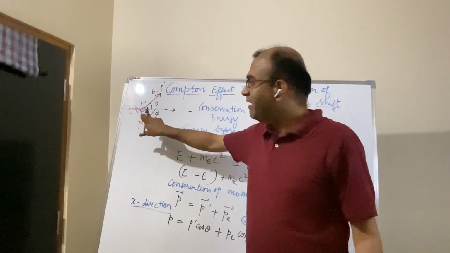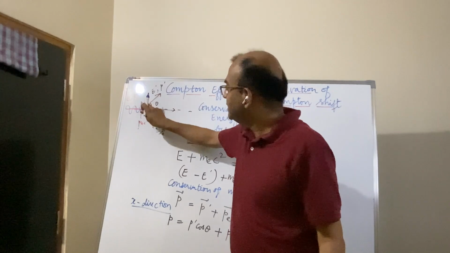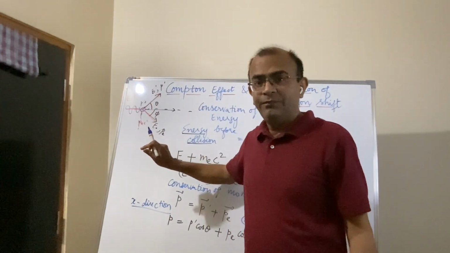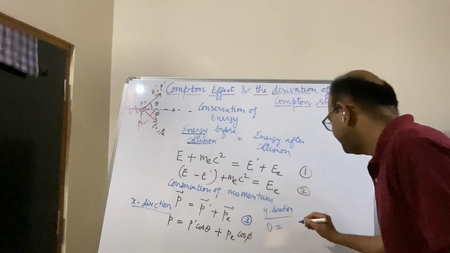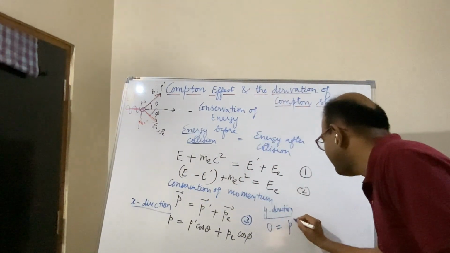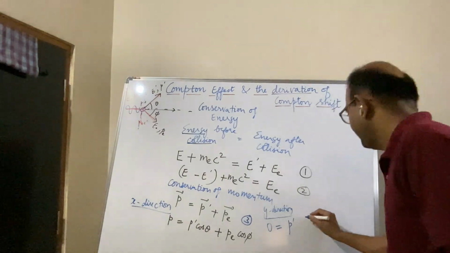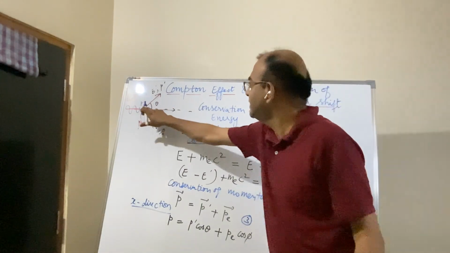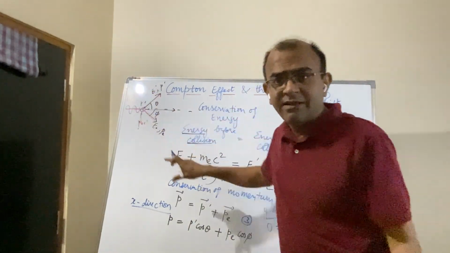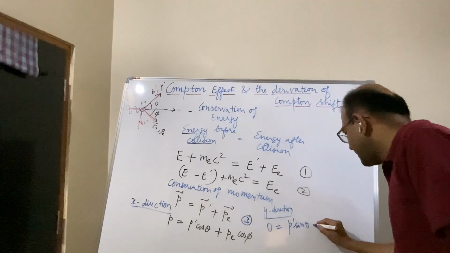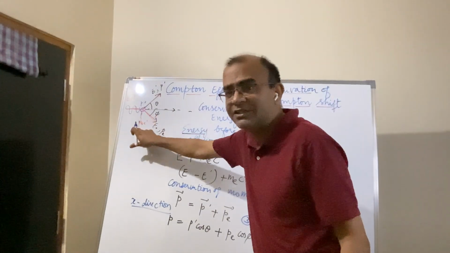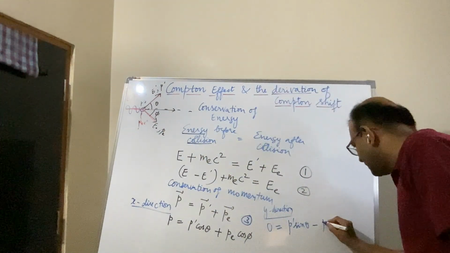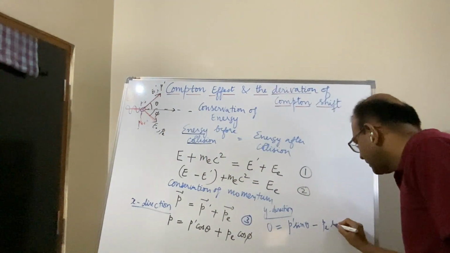But after scattering, there is a y component here for the photon as well as for the electron. That would be, for the photon it would be P prime sine theta, because the angle is theta, the component is along the positive y direction, and then minus, negative y direction here for the electron, so minus P_e sine phi.